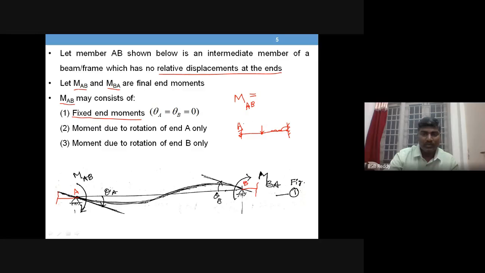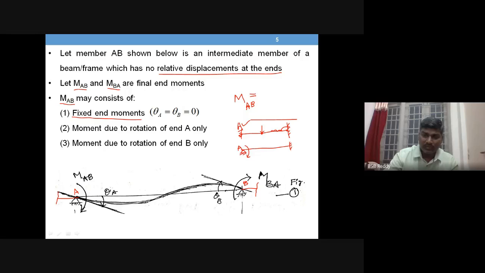So loads will cause some moment at A. Also, rotation of A. Now remove the loads and apply only rotation of A, means release A and try to rotate this A, because rotation is possible for A. You see, this is a hinge support.